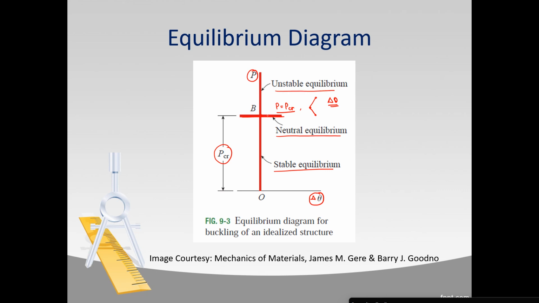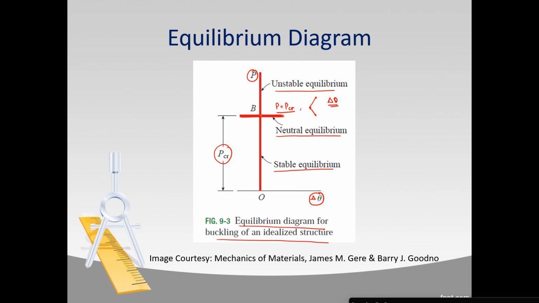And this is the line for neutral equilibrium. This is either left or right, because we can displace our structure either to the left or to the right. So this is the equilibrium diagram for buckling of an idealized structure.